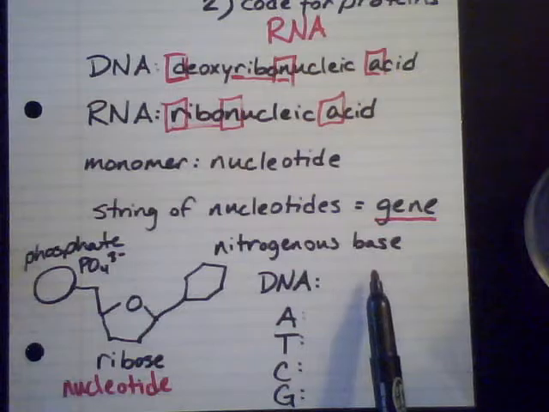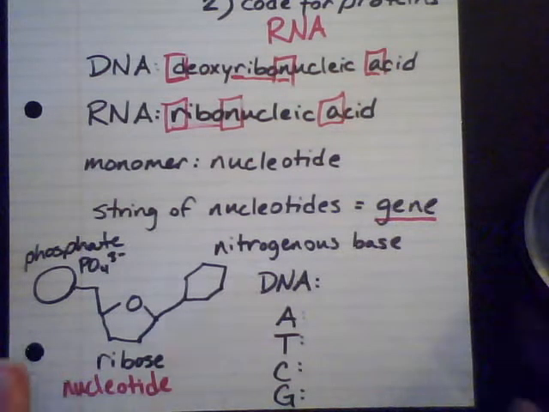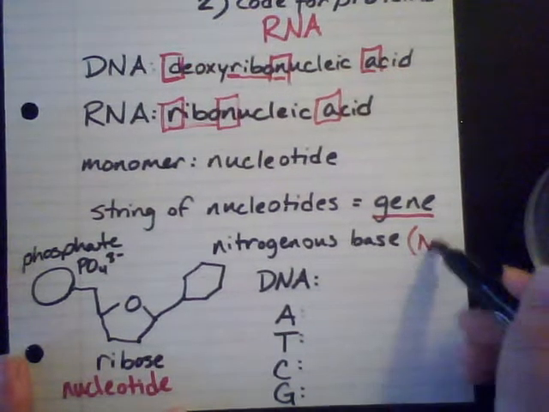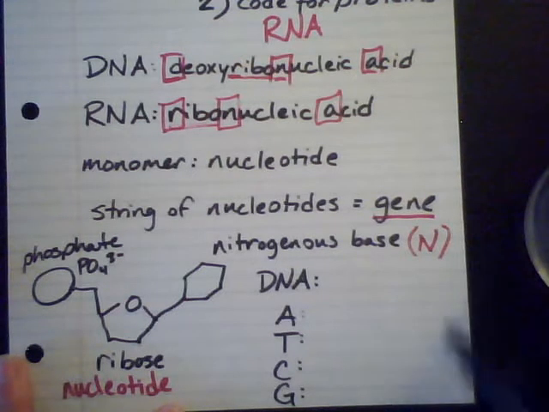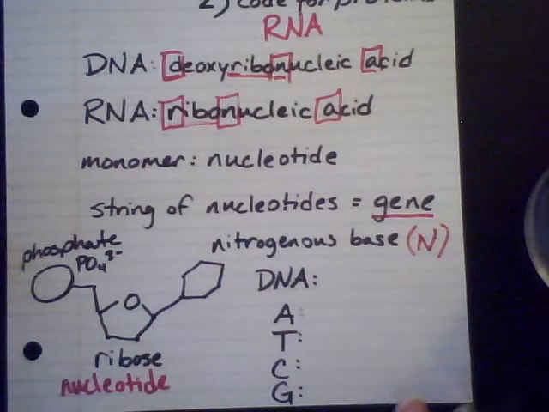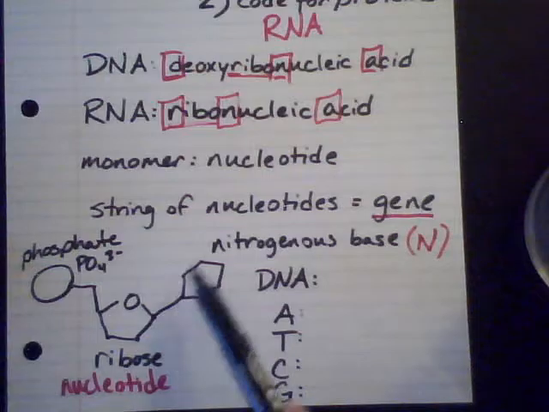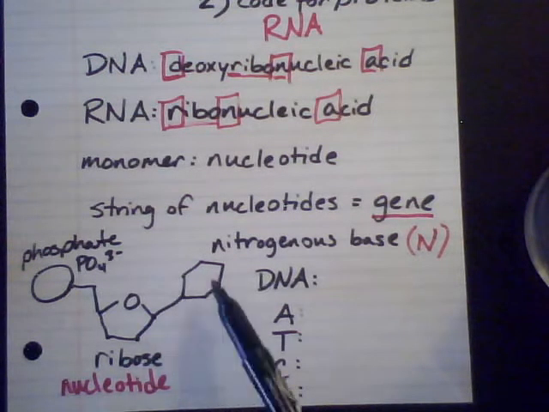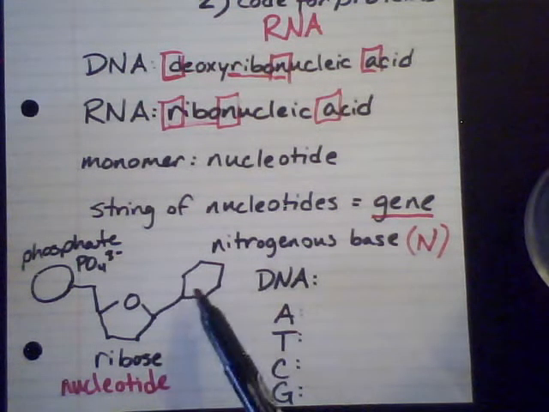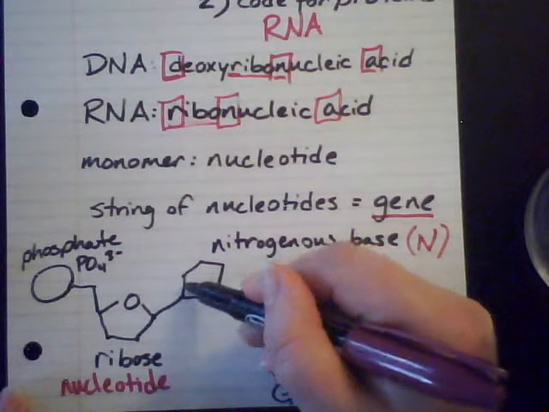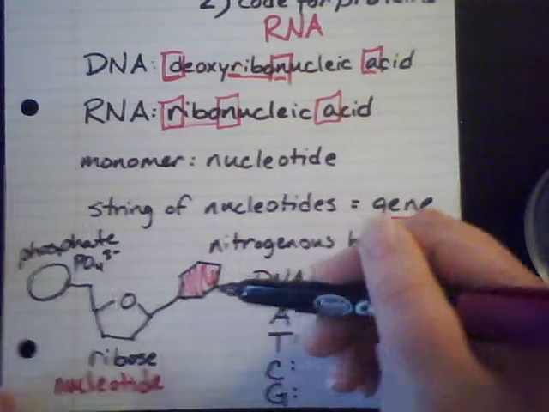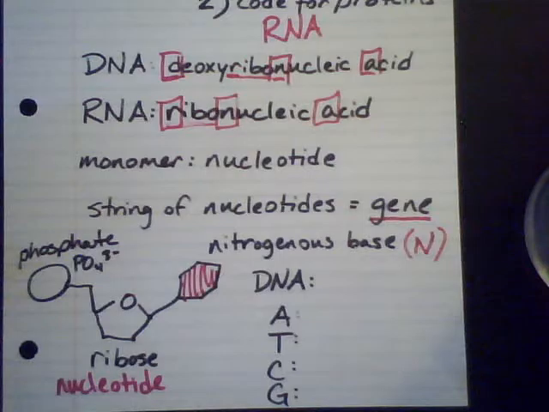So just from the name, you already know that nitrogenous bases probably contain the element nitrogen, and you would be correct about that assumption. So nitrogenous bases, and I just have a generalized structure here, this looks like a cyclohexane or something. This could be any one of the nitrogenous bases in either DNA or RNA.